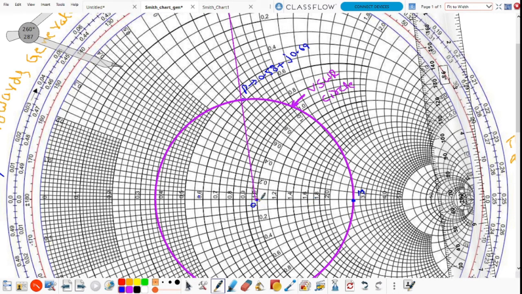This is the origin point, and the scale reads 1, 1.2, 1.4, 1.6, 1.8, 2.0, and 3, and this is approximately 2.8. M is equal to 2.8.